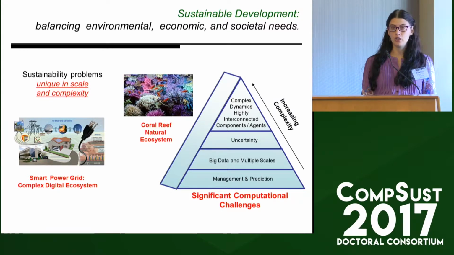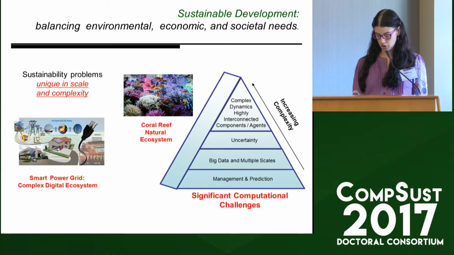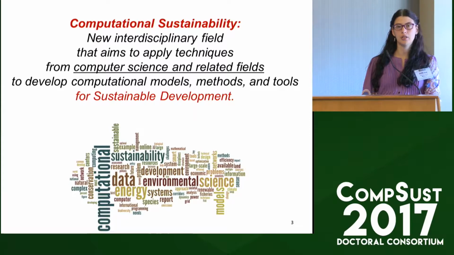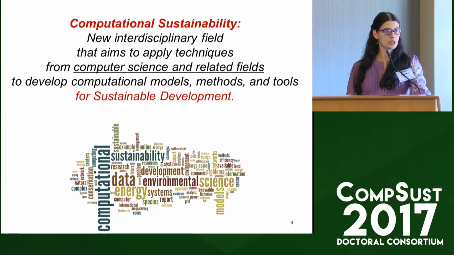So because of that, computer science really can play a key role in helping to achieve these goals. And so the field of computational sustainability was established as a new interdisciplinary field that aims to apply techniques from computer science and related fields to develop computational models, methods, and tools for sustainable development.